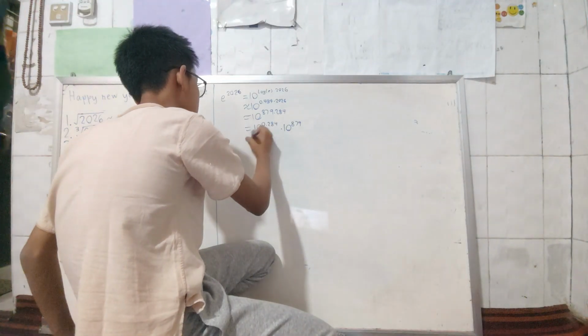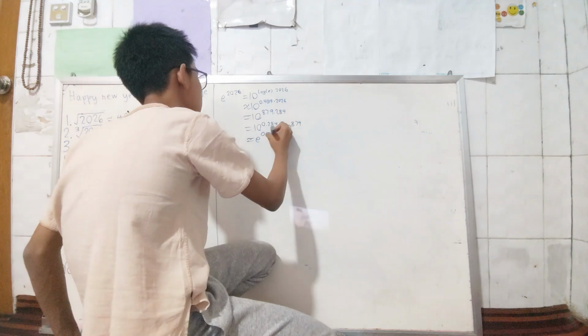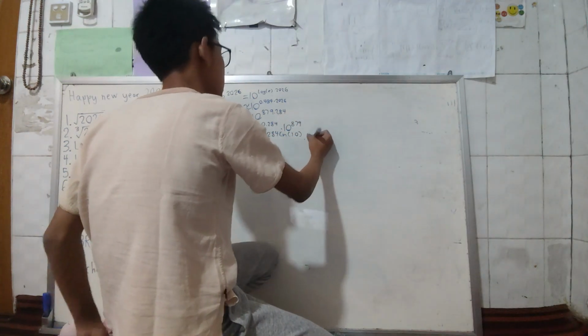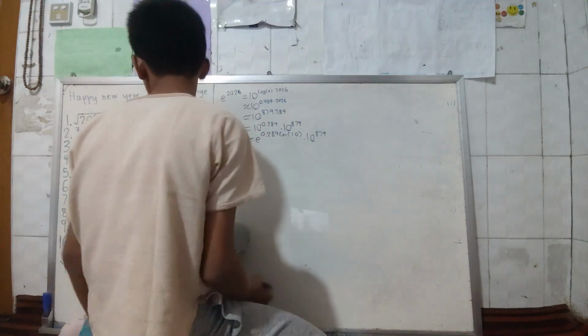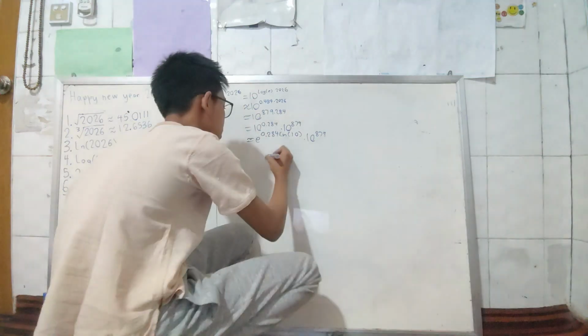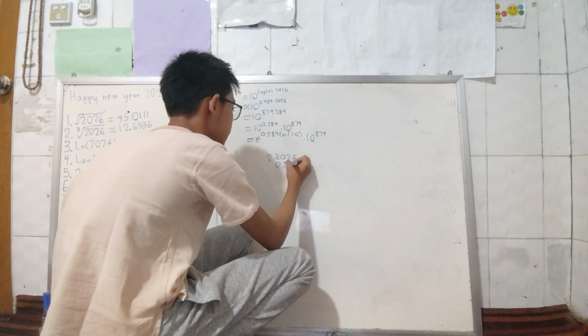So that's going to be e to the natural log of 0.284 times the natural log of 10. The natural log of 10 is approximately 2.3026 times 0.284.